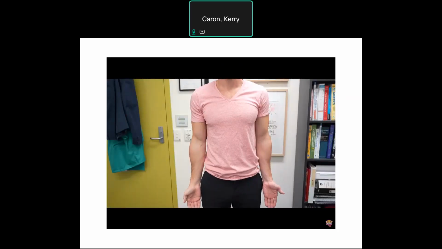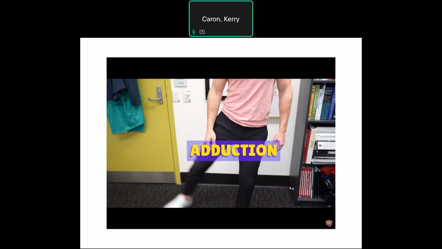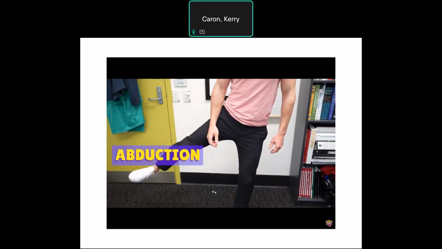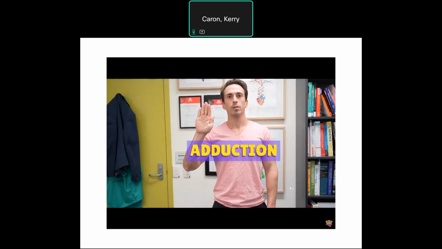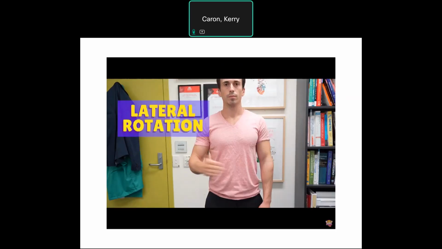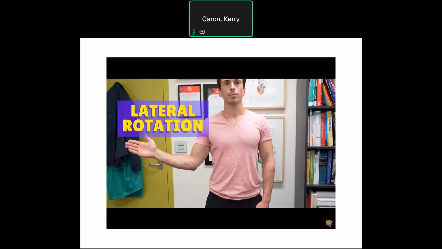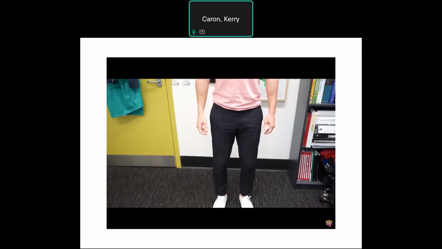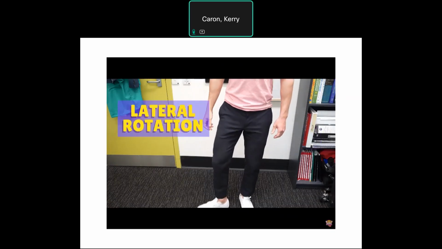Rotation. Lateral rotation, medial rotation.